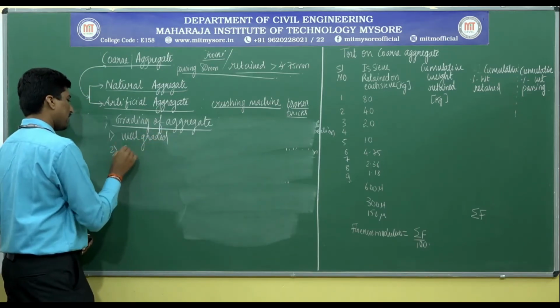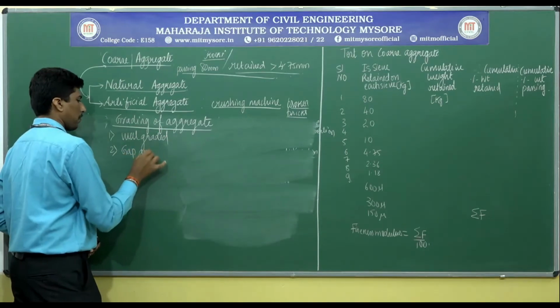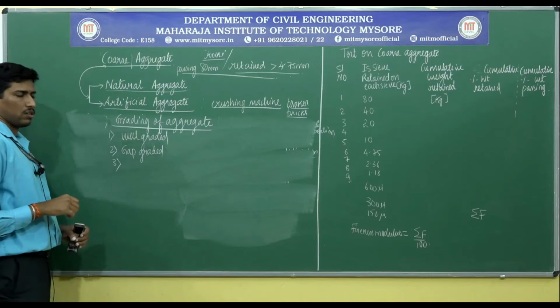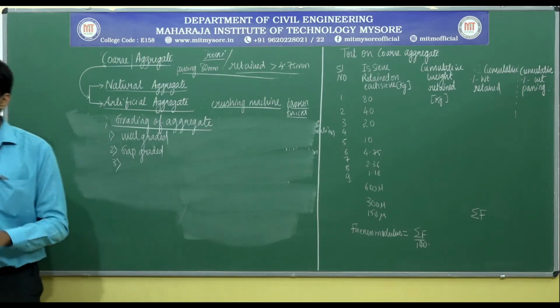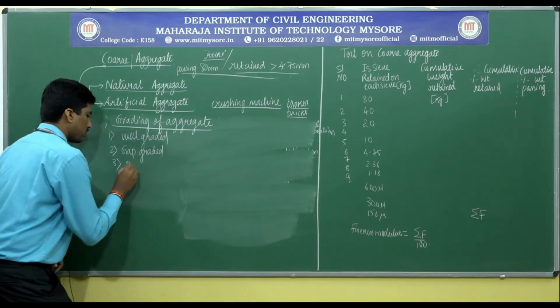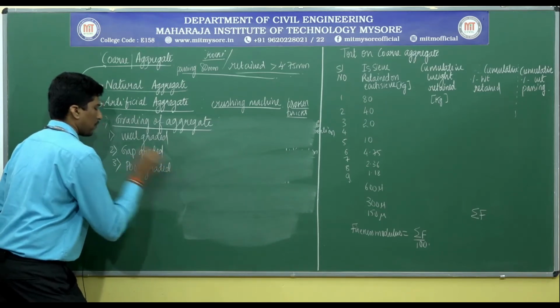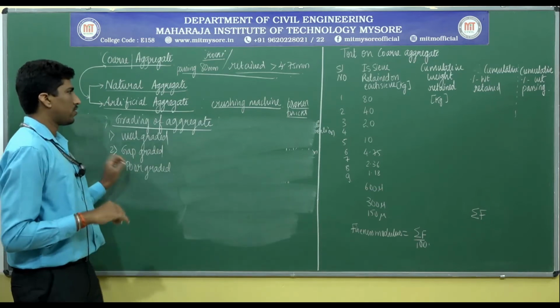next we also have a gap graded, and apart from this we also have a poor graded. How do we go for it?